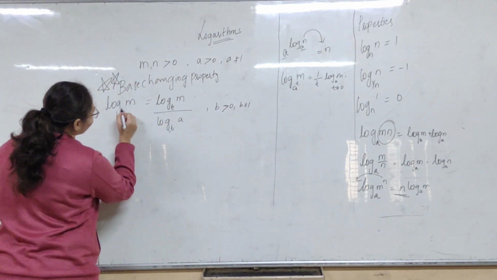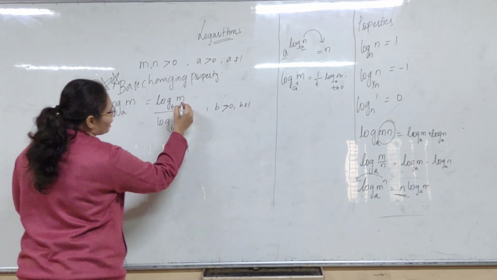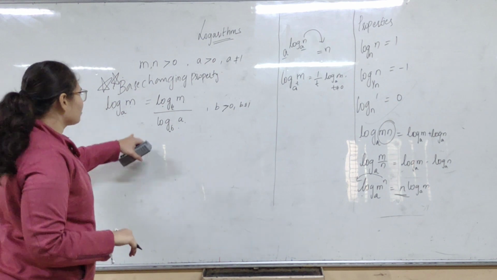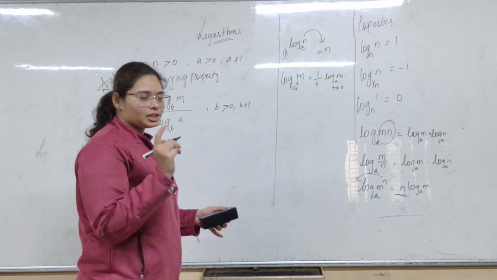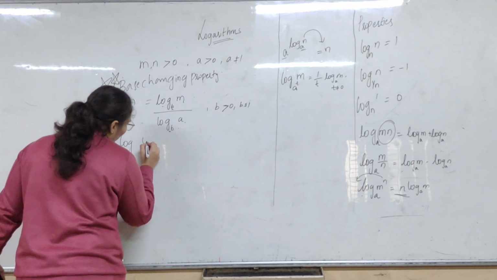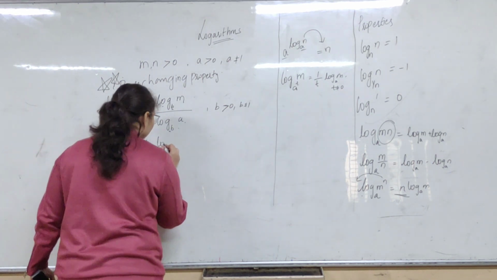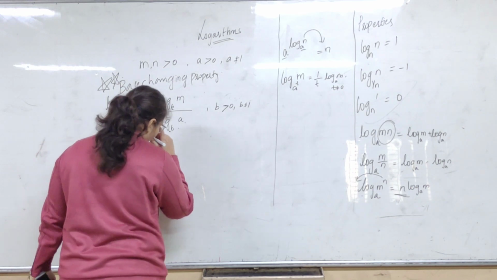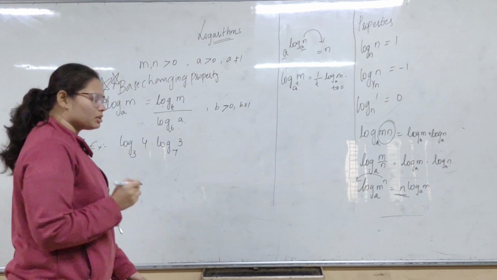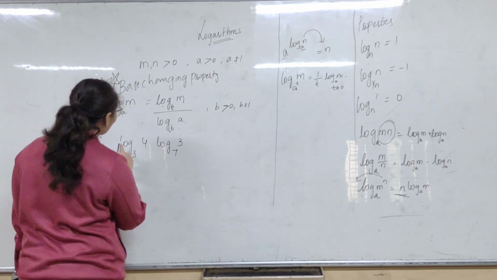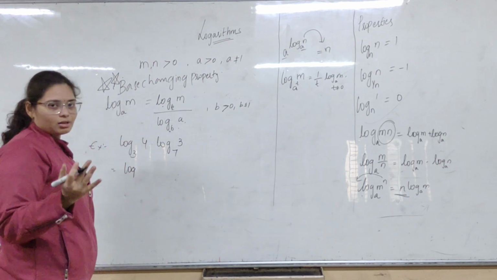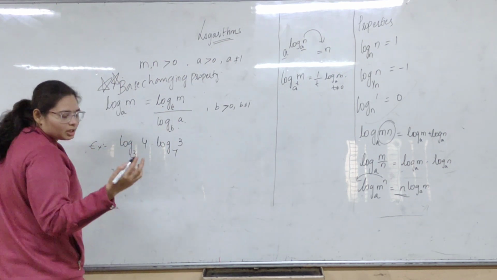So see this. We have log m to the base a and log m to the base b by log a to the base b. Right? So remember this. For this, let's take an example: log 4 to the base 3 into log 3 to the base 7. How should we calculate this? Let's take b as 10.